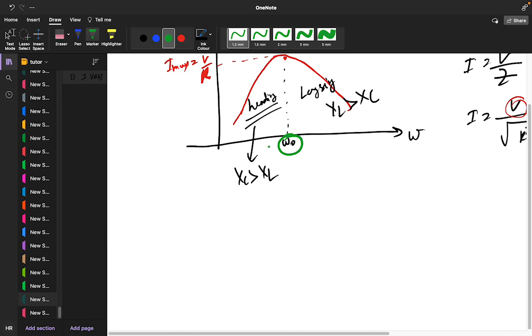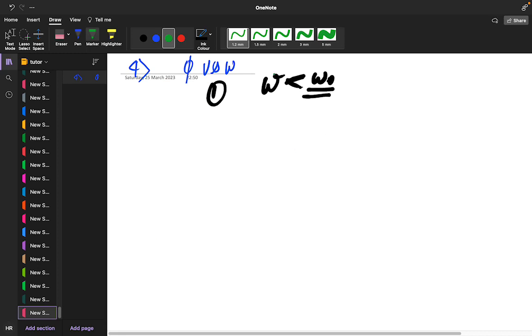This is omega, the value is coming particularly here. When I am talking about omega lesser than omega naught, the value is coming here, it means it is the leading case. And in the leading case, which is greater? Xc is greater than XL.